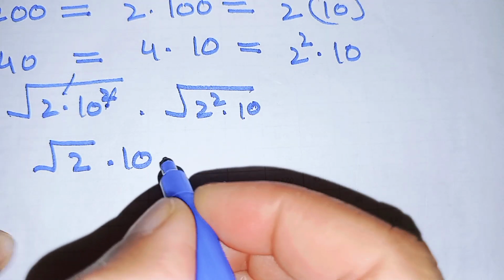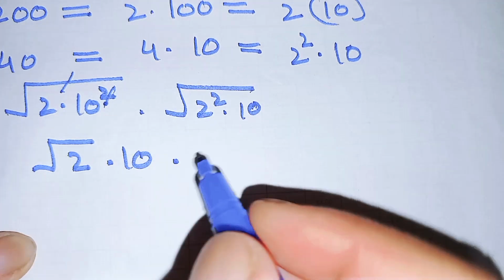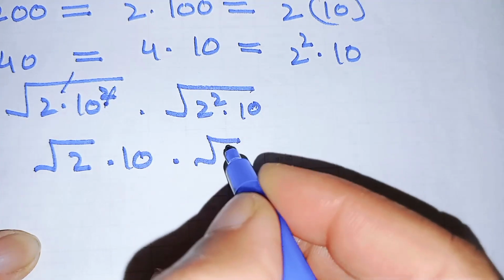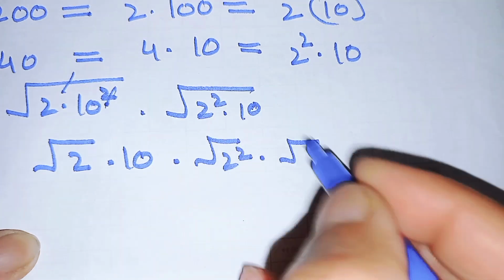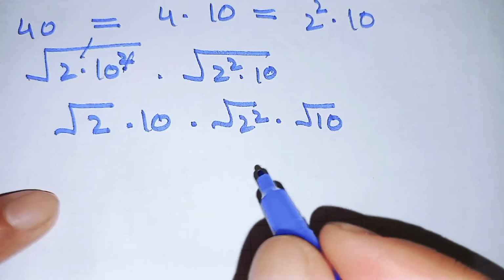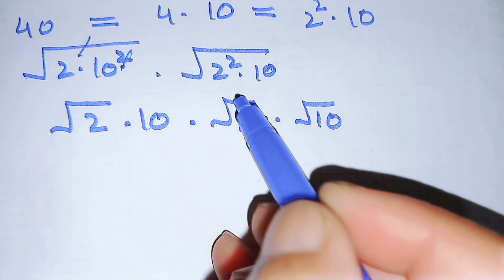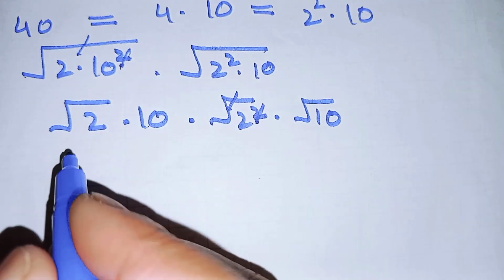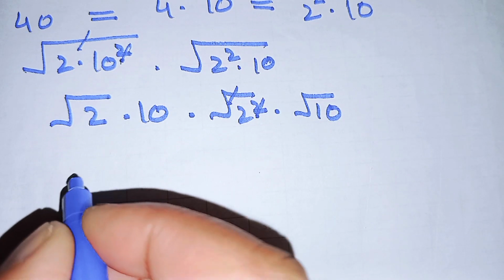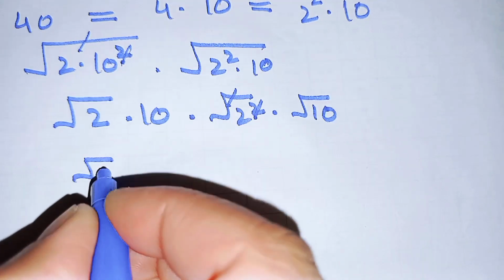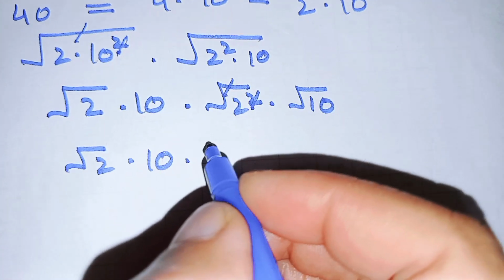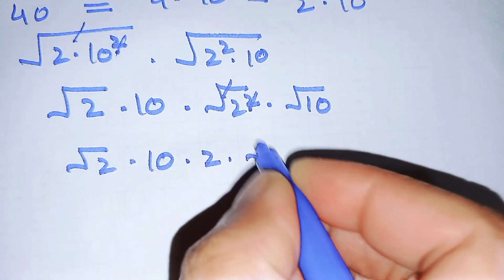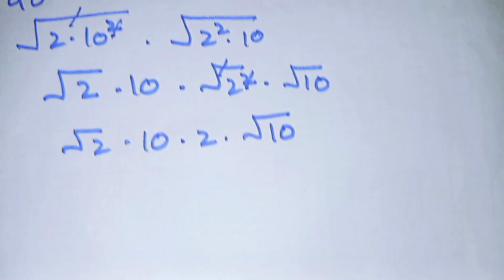Then we separate the squares: the square root of 2 squared and the square root of 10. Here the square root cancels with the square, and the remaining is the square root of 2 times 10, then times 2, and then times the square root of 10.